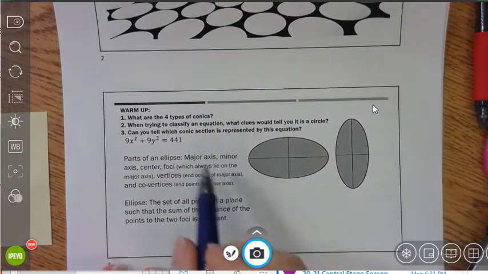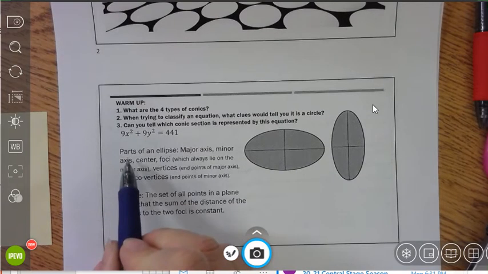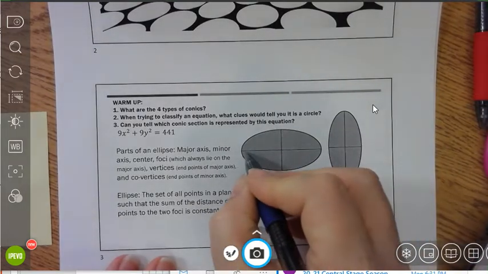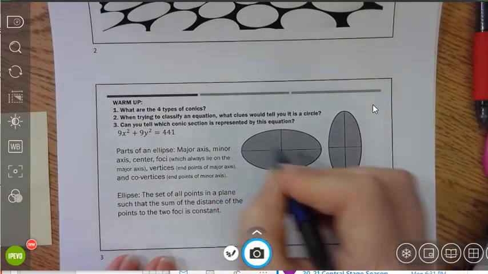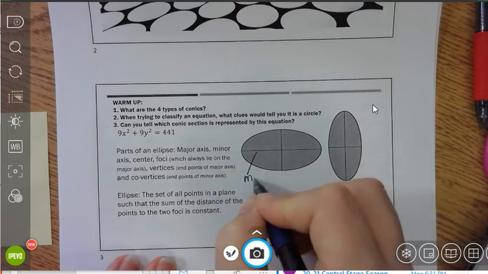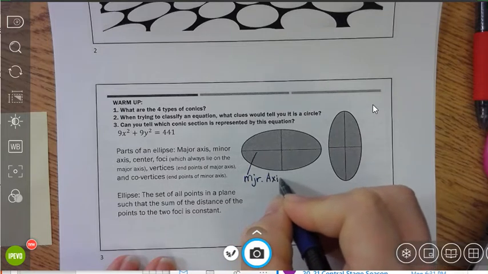Let's talk about the parts of an ellipse. Notice this axis is longer, so this is the major axis, and that's my shortcut for writing out major.